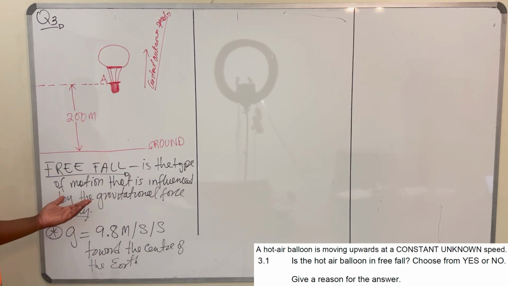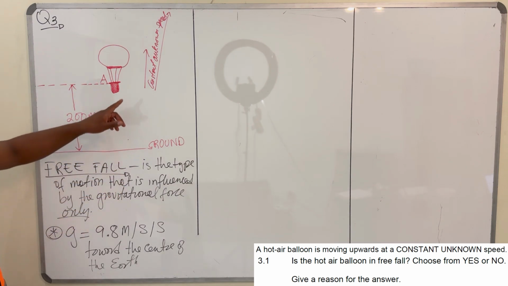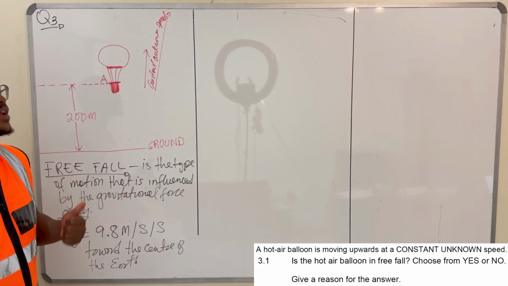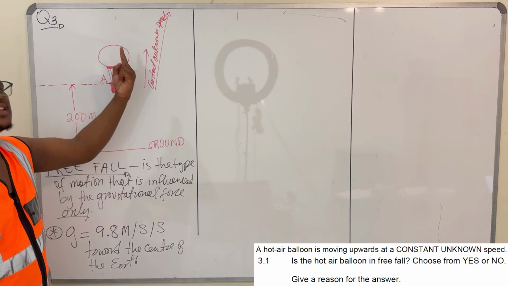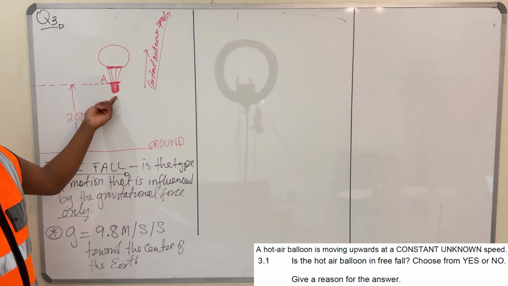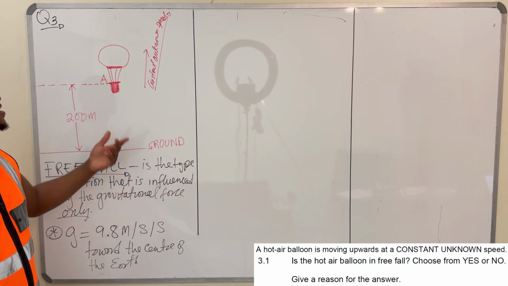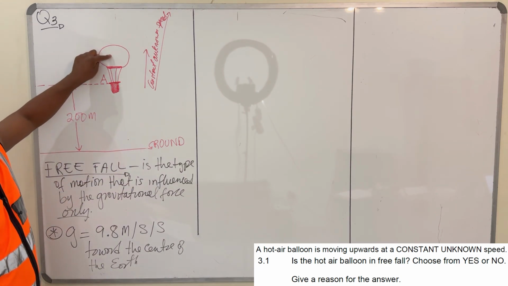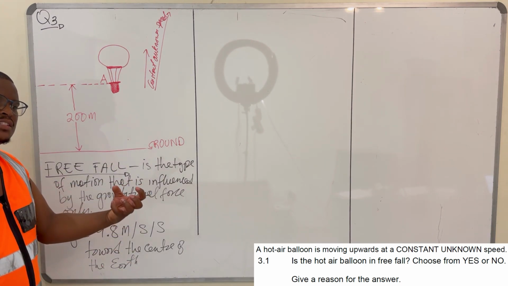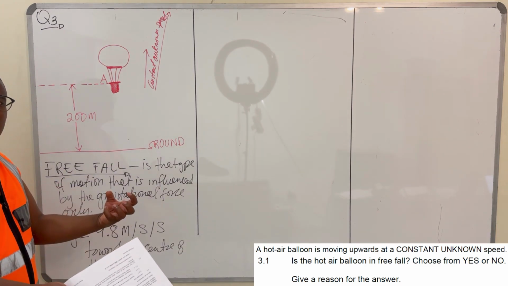The second thing you can look at is the velocity of this thing. It's unknown, but we know that it's going upwards at a constant speed. So this thing has no acceleration. The acceleration is 0, because the velocity of this thing does not change. Velocity is magnitude plus direction.